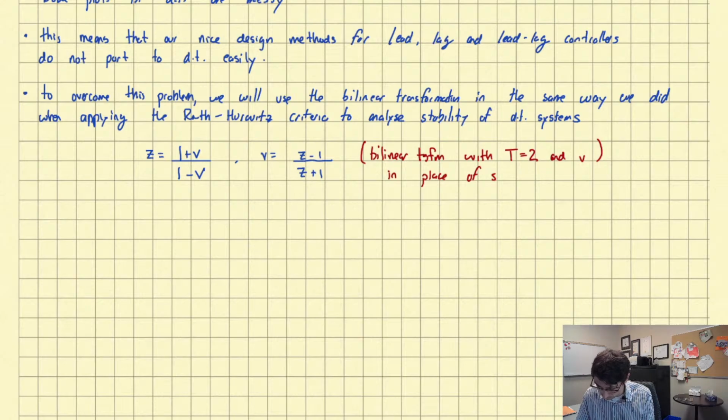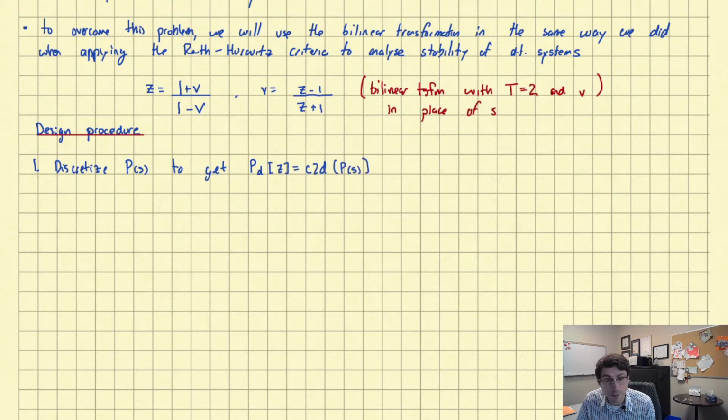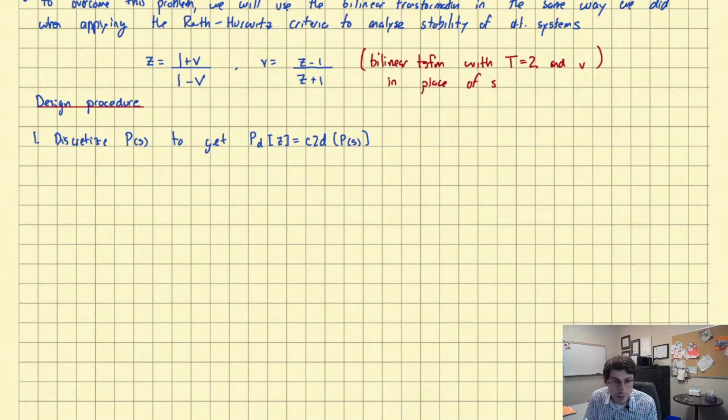So the procedure is the following. First, we discretize the plant to get P_D(z) using the step invariant transformation, just like before. Then we convert that discretized plant to a plant in terms of this v variable.